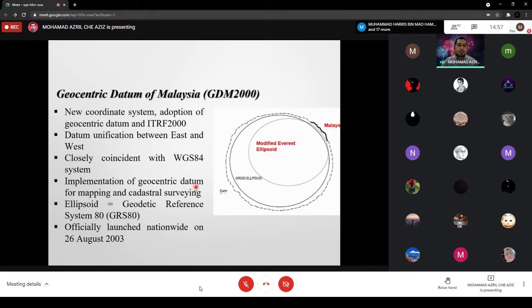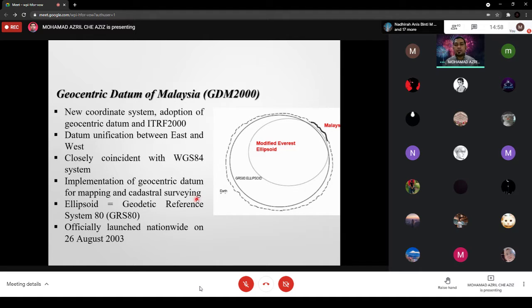Implementation of the geocentric datum for mapping and cadastral surveying. Okay, so why do you need to have a datum? From a datum, you have a globe, for example. From the globe, you want to map, to prepare for engineering work, and then you want to plot the cadastral plan.